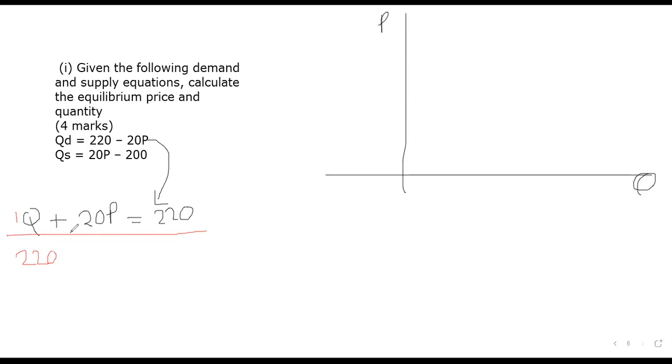And 20 into 220 will be 11. So the P will be 11 and the quantity will be 220.